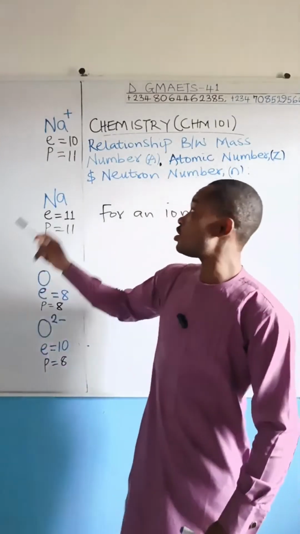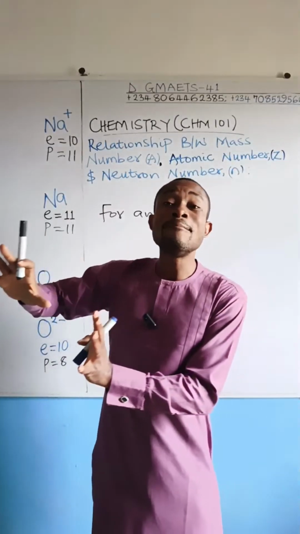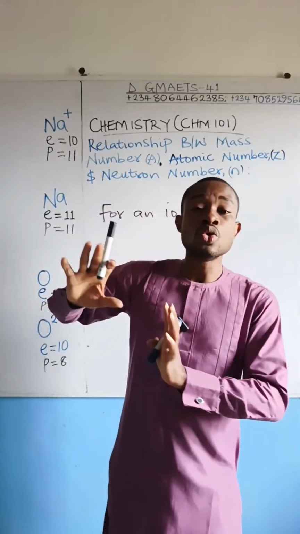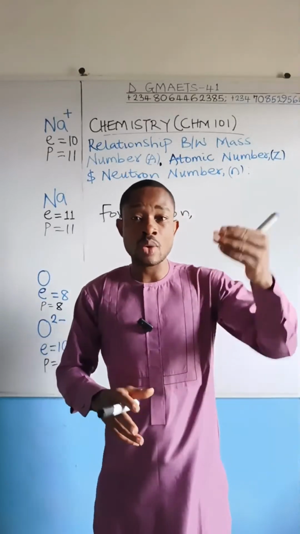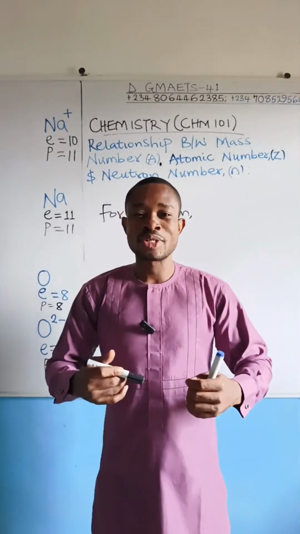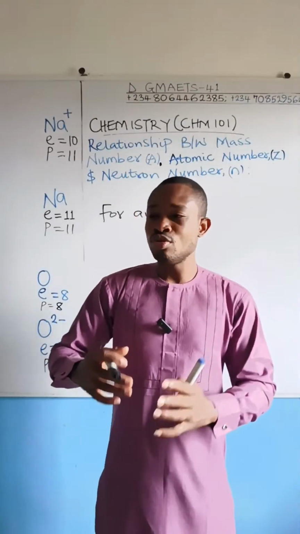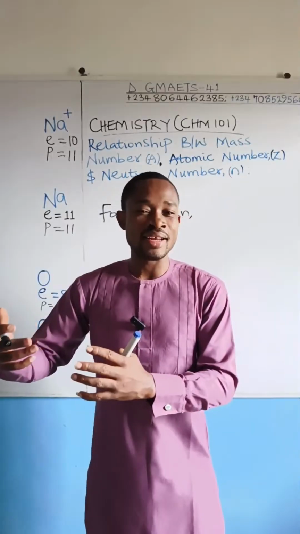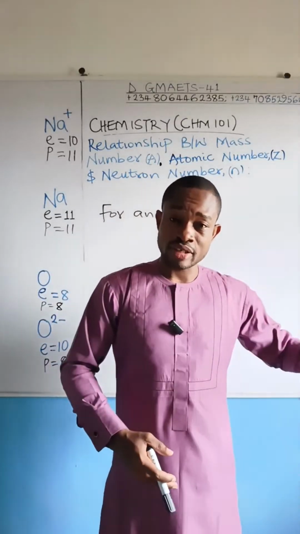Generally, in the case where the electron number decreases, that happens to metals. Don't worry, in one of my fun classes under our YouTube short, I'm going to explain to you friends, especially the younger ones coming up, how do you identify a metal and how do you identify a non-metal.